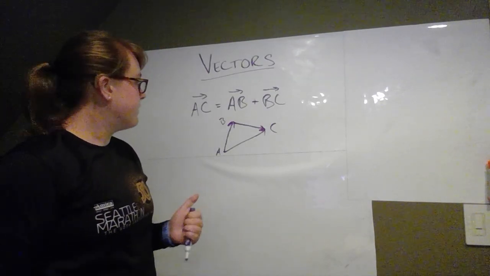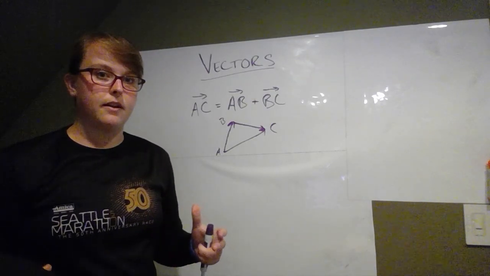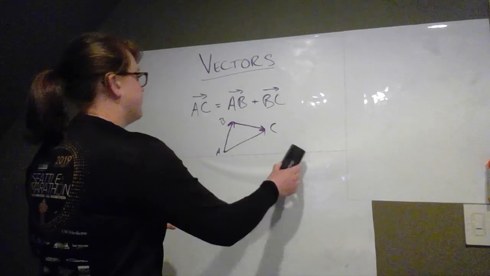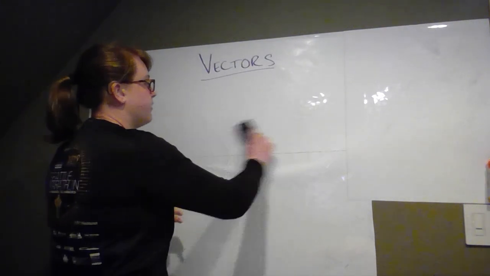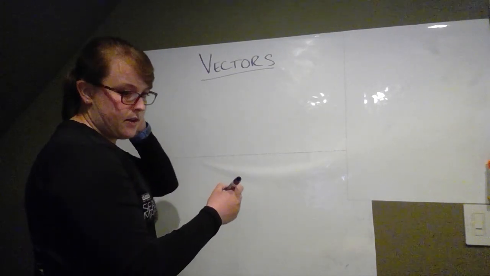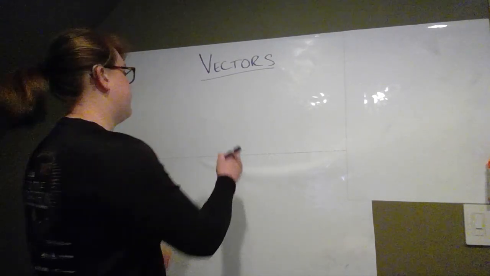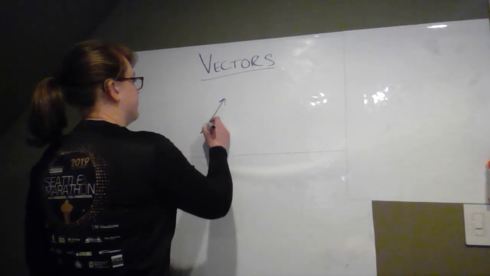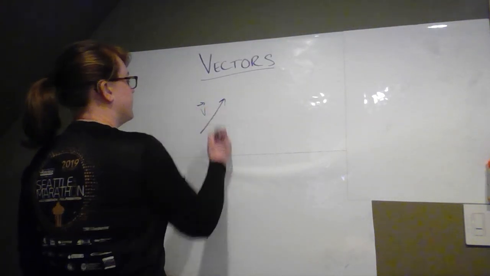So you can add vectors. You can also multiply vectors by a scalar to basically give it a new length. So for example, let's say we've got a vector v.